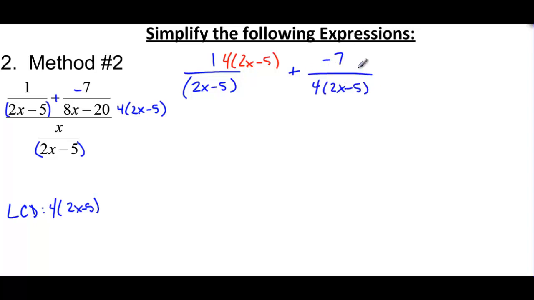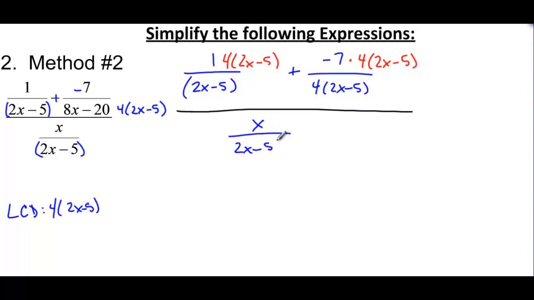But remember, I'm going to multiply this by a 4 times 2x minus 5. Then if I go to the denominator, I have an x over 2x minus 5, but I have to multiply by my common denominator of 4 times 2x minus 5.